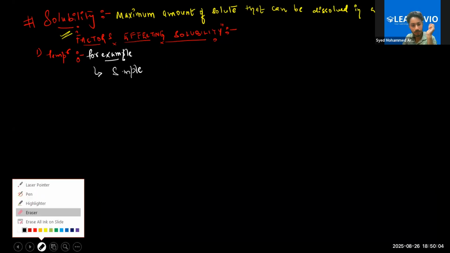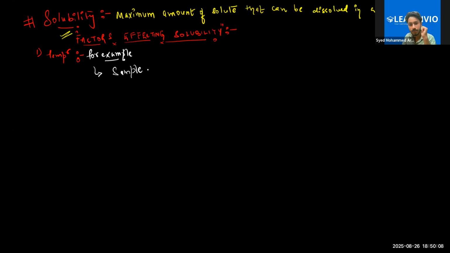One is my water and the other one is my sugar. Now tell me, if I increase the temperature, what will happen to the solubility? It will increase. Solubility will increase.